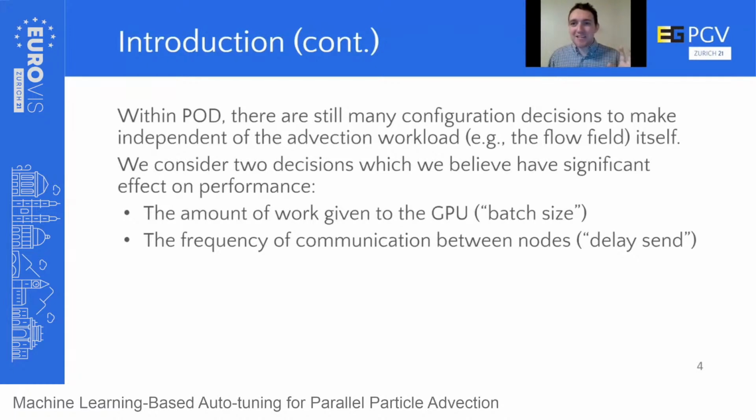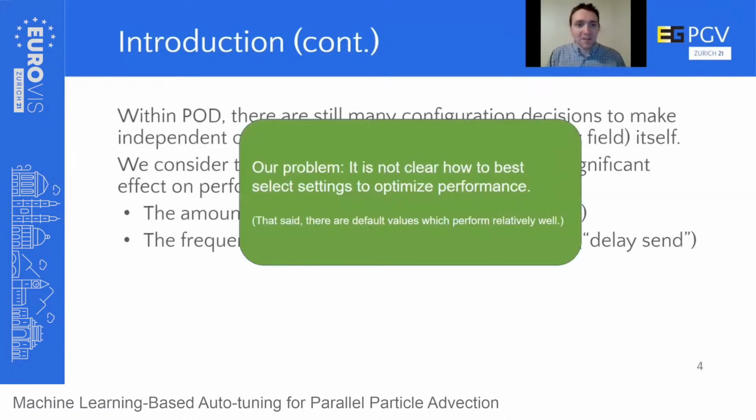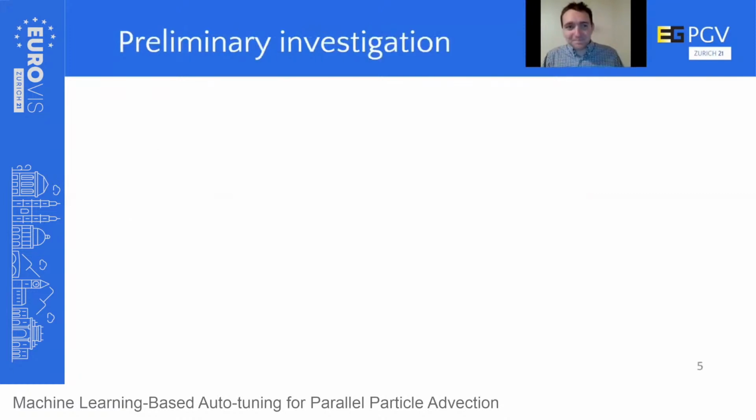There are pros and cons to doing that, and I think that it might have an impact on performance. So our big challenge is it's not necessarily clear how we can select these settings in order to optimize performance at the end of the day. This algorithm has some default values which actually perform pretty well, but we think that we can do better.